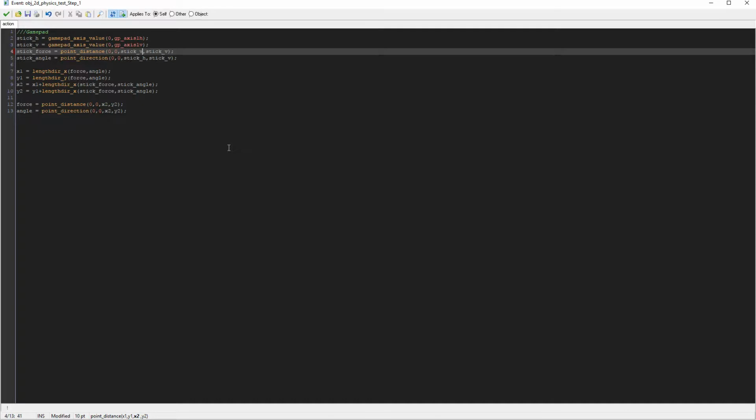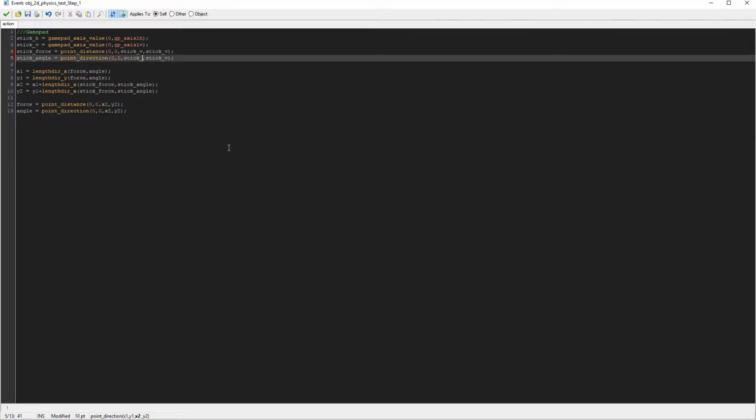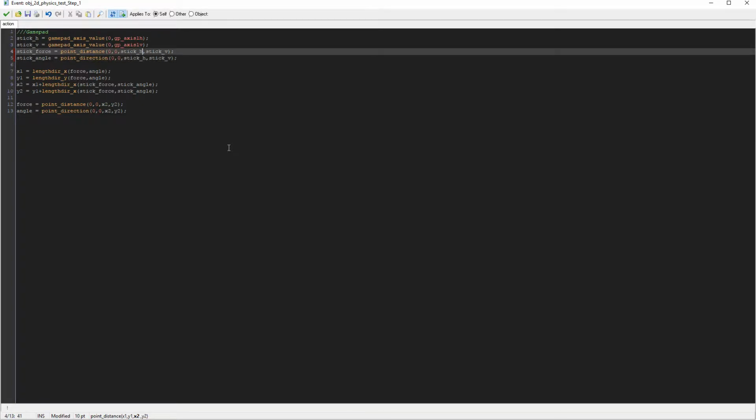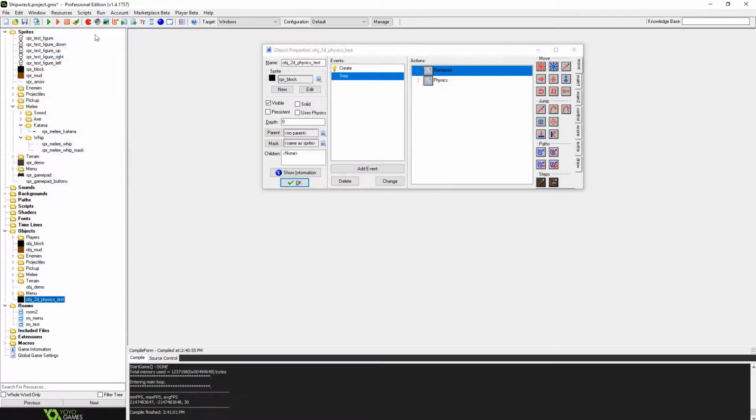Oh, am I doing this? No, wait, that was correct. Horizontal, then vertical. How does that not work, though?